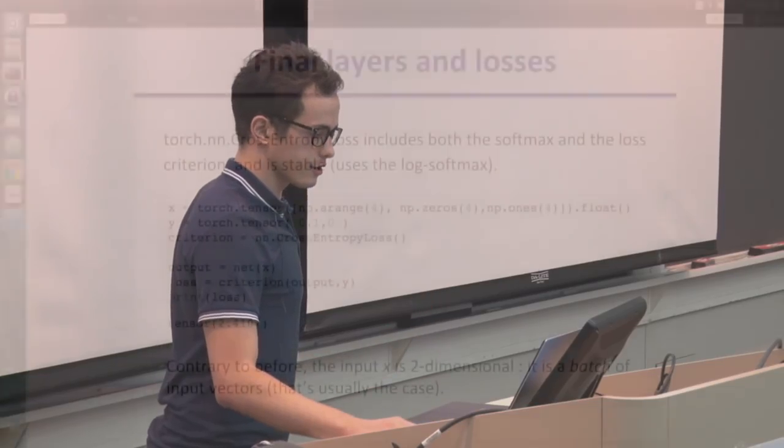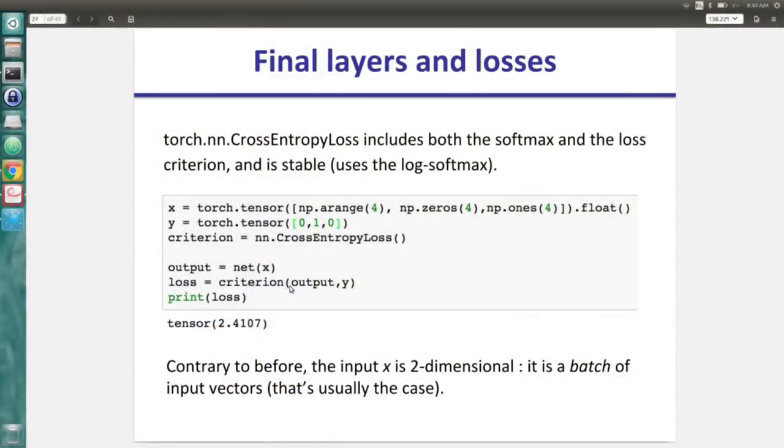The losses are also defined in PyTorch. For cross-entropy loss, which you will use in almost all homeworks, you'd use torch.nn.CrossEntropyLoss, and you don't do a softmax before that. The softmax is included in it. It actually does a log softmax, so that you avoid some stability problems in the computations. So you take the output of your final linear layer and you feed it to cross-entropy loss, and that gives you your divergence.